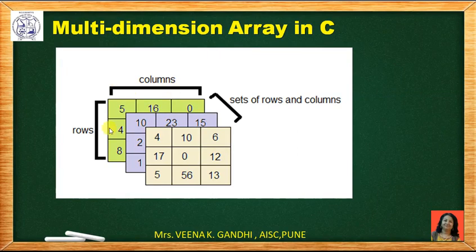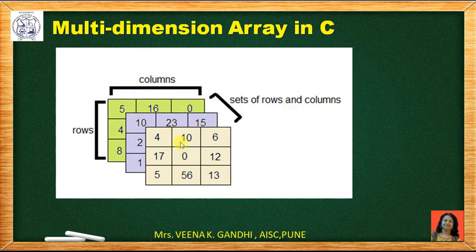In this figure, a three-dimension array is shown, where three tables are there. Meaning in 3 dimensions, the first dimension indicates the number of tables, the second dimension indicates how many rows, and the third dimension indicates how many columns.